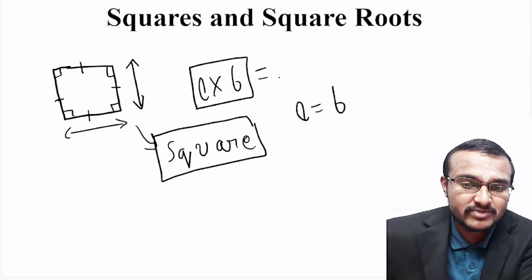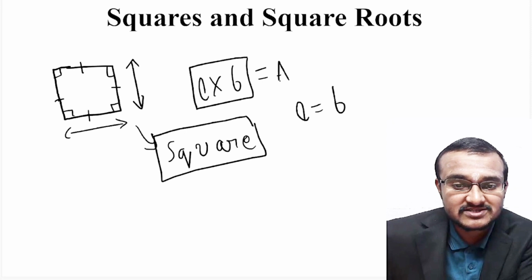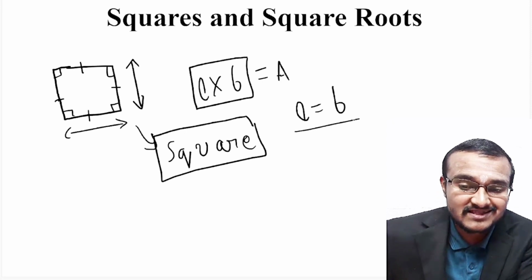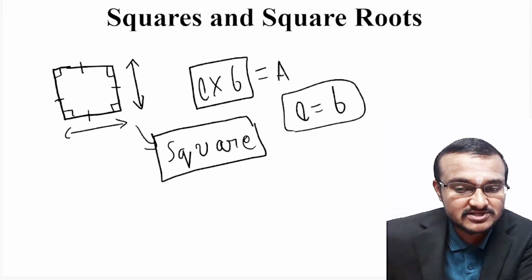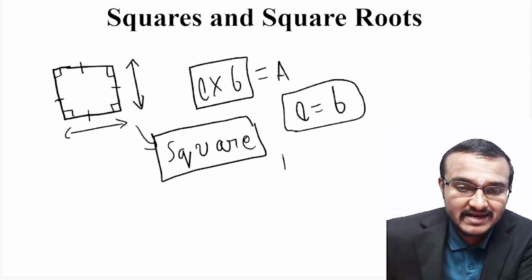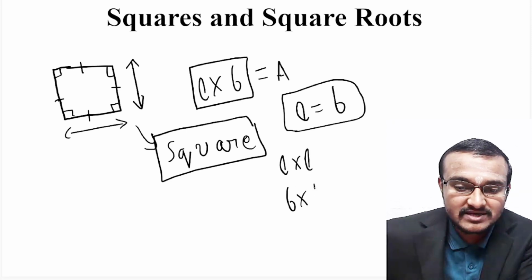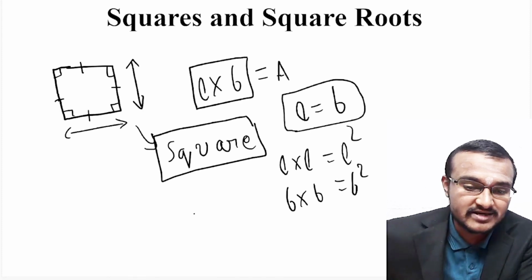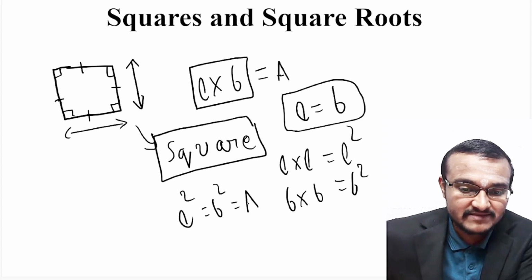If you multiply length into breadth, you will get the area of this square. Since length and breadth are equal, you can say it as L into L or B into B. That means either L square or B square. So here L square will be equal to B square will be equal to A.